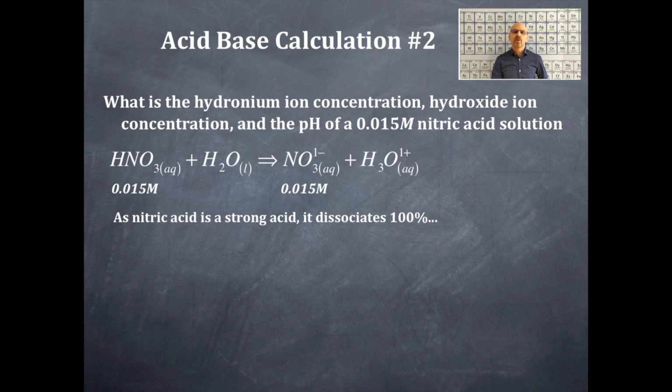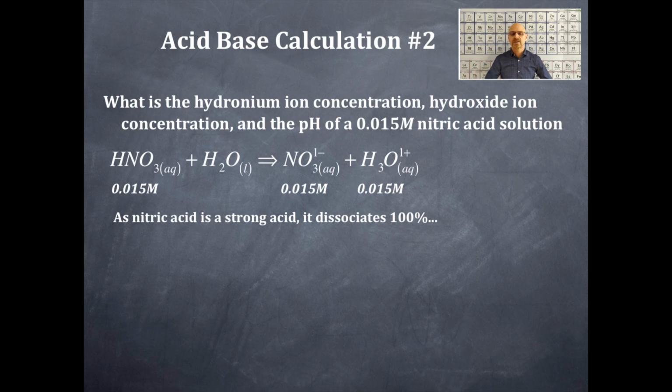Therefore, I'm going to use a mole ratio to obtain the product concentrations. That is, the nitric acid and the nitrate ion are in a 1-to-1 mole ratio. The nitric acid and the hydronium ion are in a 1-to-1 mole ratio. So now I have the hydronium ion concentration.